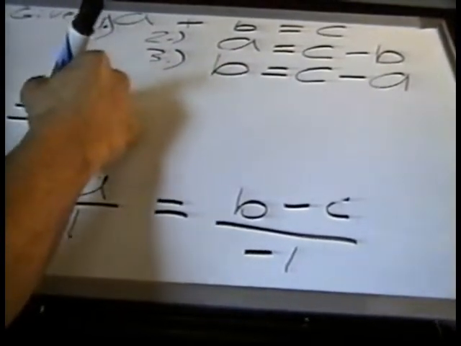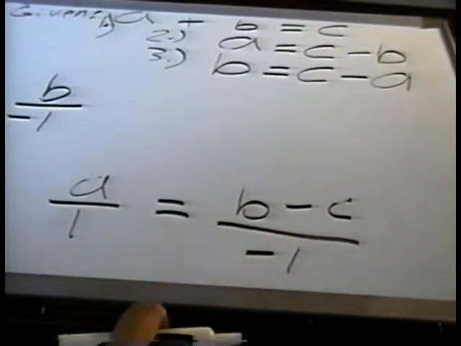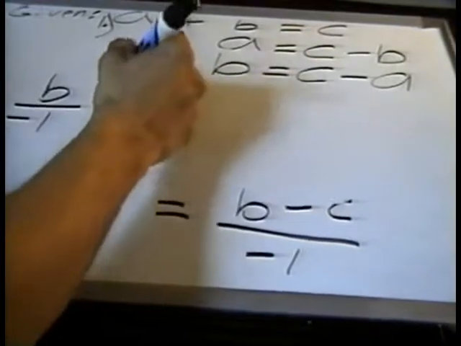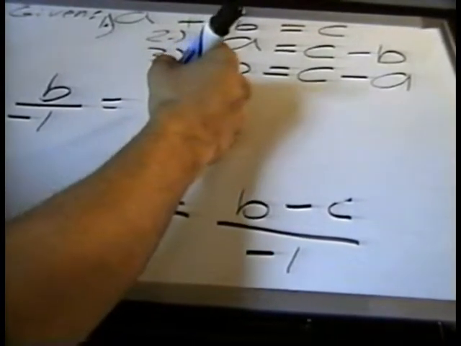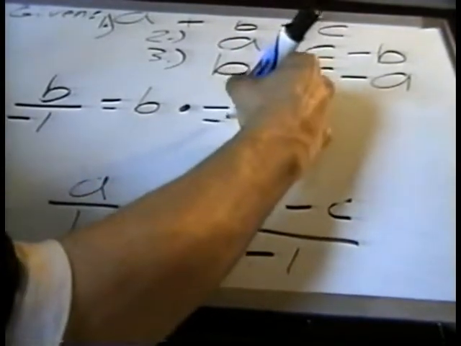Whenever you have a negative sign by it, that means that variable isn't isolated. We still do not know what A equals. We know what negative A equals, but we do not know what A equals from this equation. I'm going to show you how.